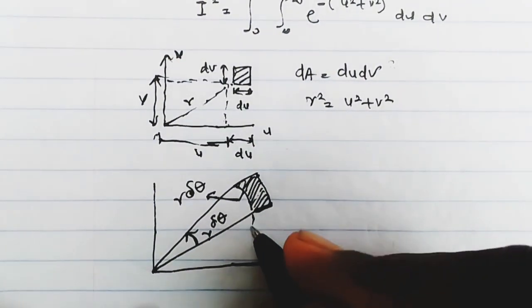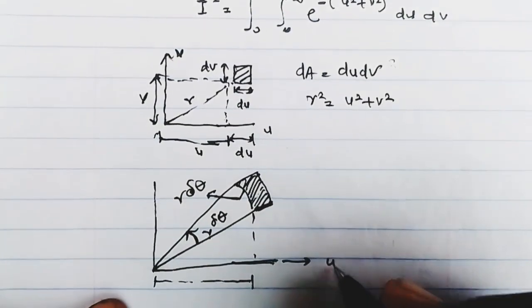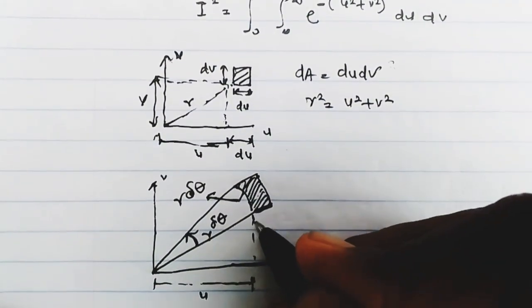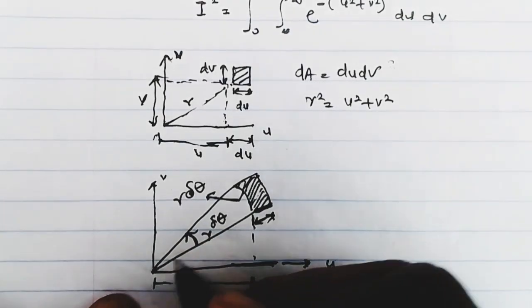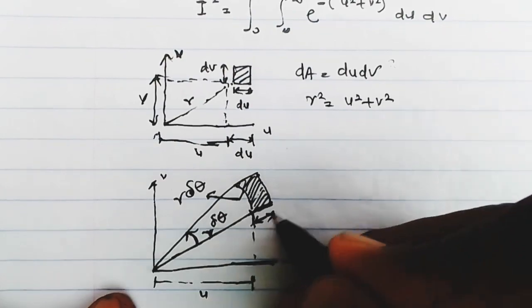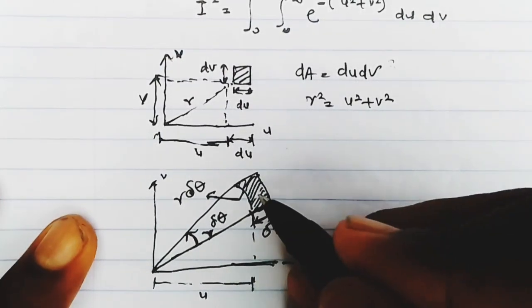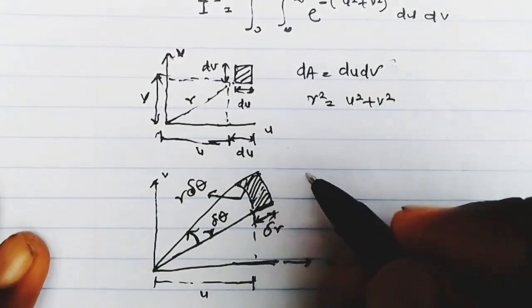Then let me draw a vertical line here. Remember, the axes we are using are u and v, so from here to here is u. Since from here to here is r, the remaining smaller thickness is dr. Let me assume this is a rectangle, which it is not actually, but let's assume so.